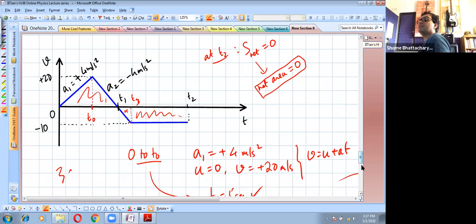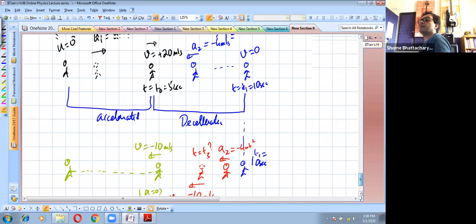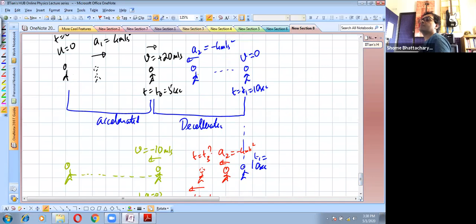And after T3, the fourth part of his motion starts, which is with uniform velocity of minus 10 meters per second because his acceleration is 0. This continues all the way till he reaches where he started. If you superimpose these two diagrams, it's actually happening along the same straight line.